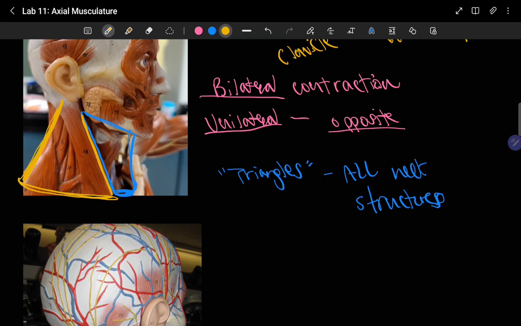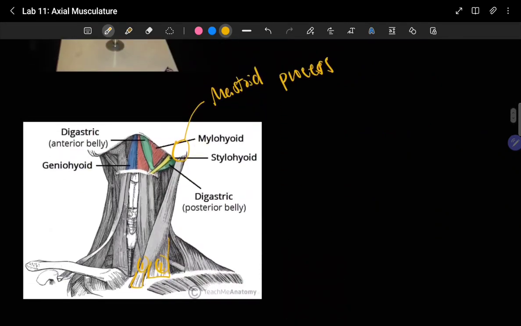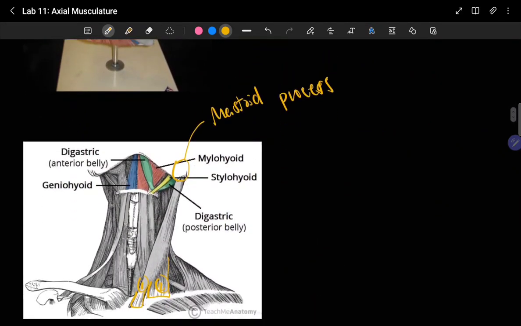So we're not going to spend a lot of time on the contents of these triangles right now, but we want to talk about some of the muscles you would find in these areas, starting with that anterior triangle. So anterior triangle has some subdivisions, so it can get really gnarly to learn. So let's go to our anterior view and redefine that triangle.